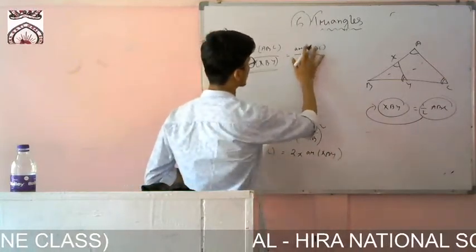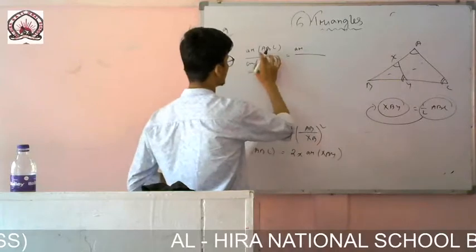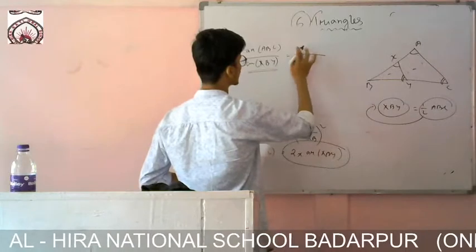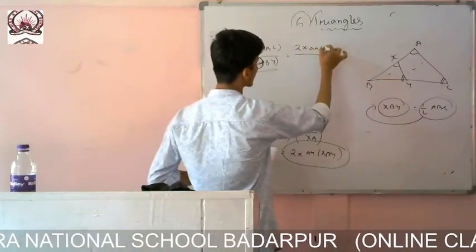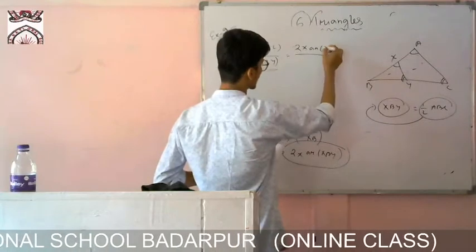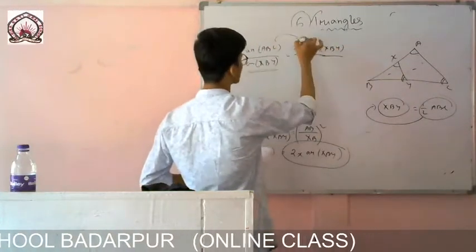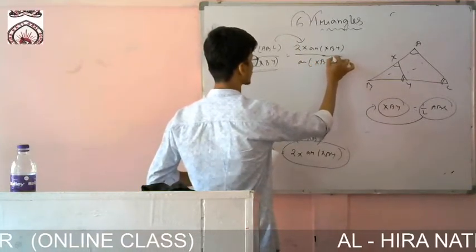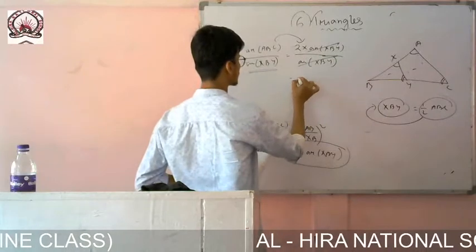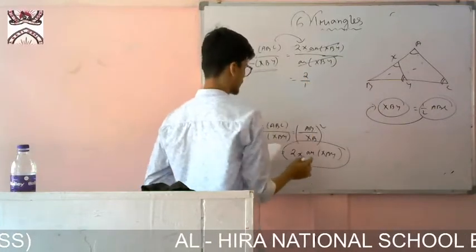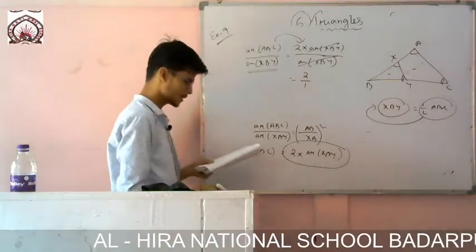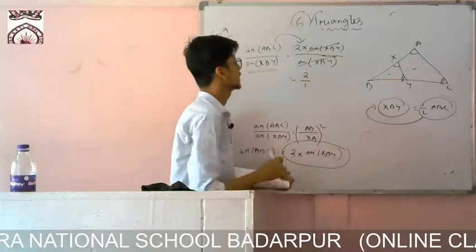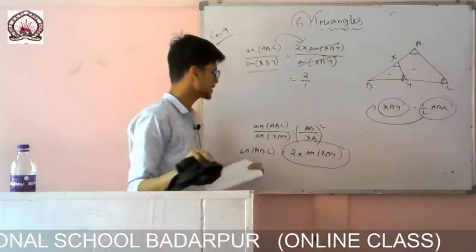Let me write it like this: area of triangle ABC is equal to twice area of triangle XBY. Area of triangle XBY cancelled, above left 2, below left 1. So the answer came 2 by 1. So area of triangle ABC by area of triangle XBY is 2 by 1.